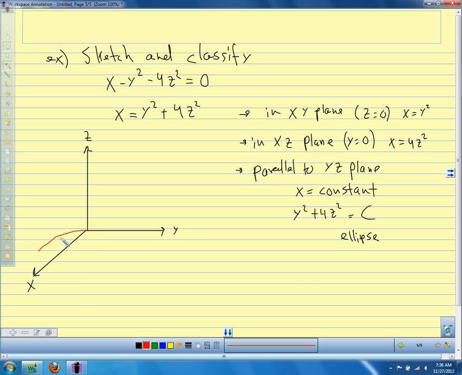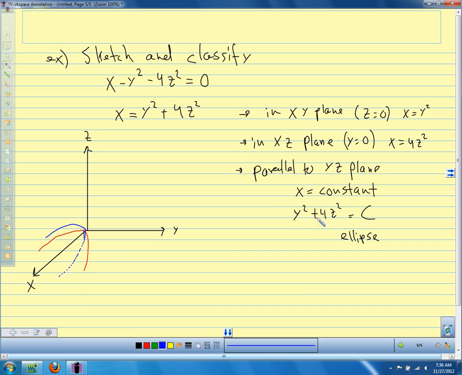So here's my parabola in the xy plane. In the xz plane, I have the parabola x equals 4z squared. So I'll try to do it in a different color and see if that helps. I'm going to have a parabola that comes in the xz plane up like so. And I'll put this one down below here. Like this. Oh my goodness. Oh, I can see this.